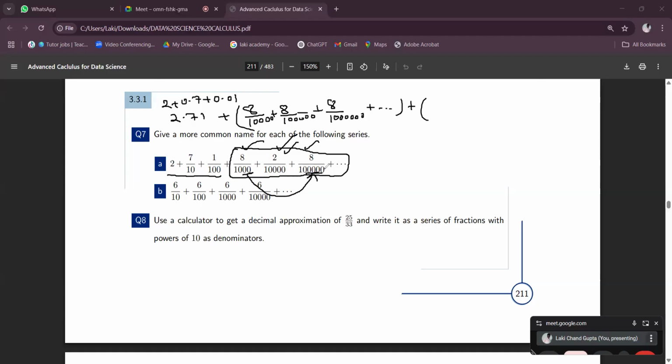Here 30 and here 5 zeros are there. So the next term will be the 7th term, right? Similarly for this case too, the next term will be, and so on. Now you can simplify, right?